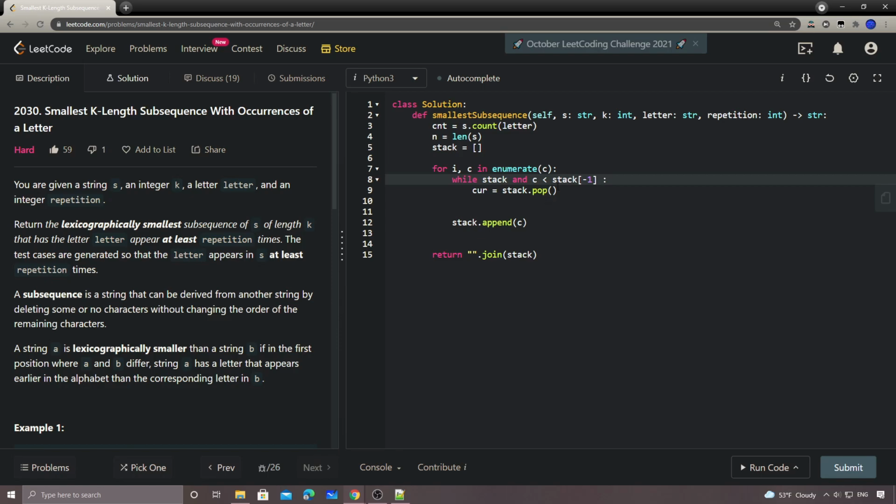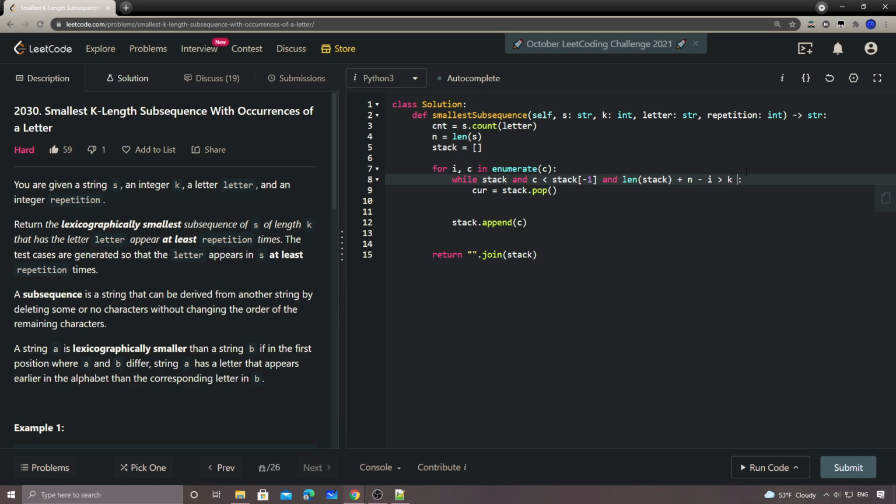This is one of the conditions, and we need to make sure we have enough remaining strings to make a length k subsequence. That's why we need the length of the stack plus the remaining string, which is n minus i. We need to make sure this is still greater than or equal to k. That's the second condition.